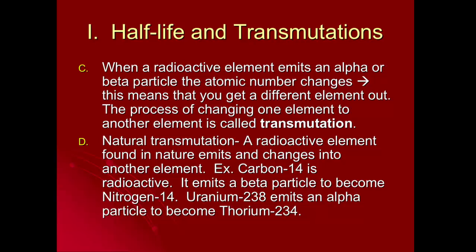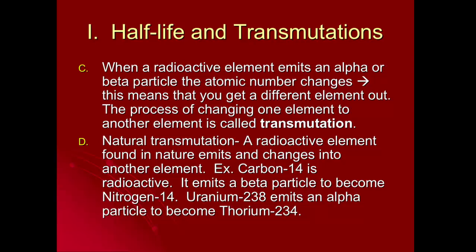So it will turn into the next element on the periodic table. So if it was carbon to begin with and it emits a beta particle, you'll end up with nitrogen, the one next to it, after it has emitted. And so they move over 1. The ones that emit alphas are losing 2 protons, so it actually goes down 2 elements.